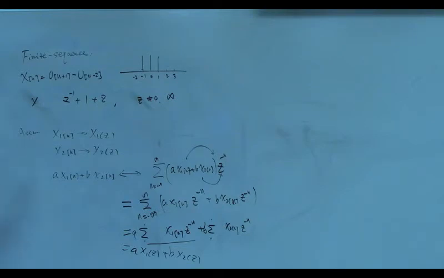Okay, all other properties can be proved in a similar way, but some may require more mathematical techniques that we don't need to do. So this one just gives you a hint how to do this from the definition.